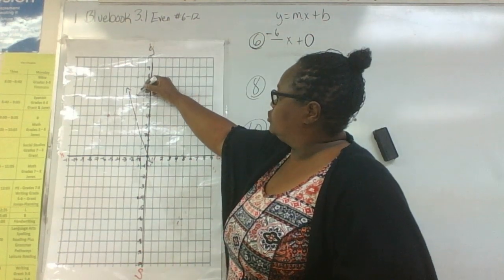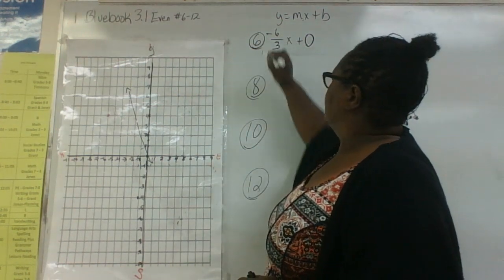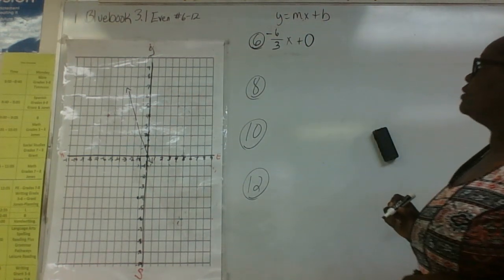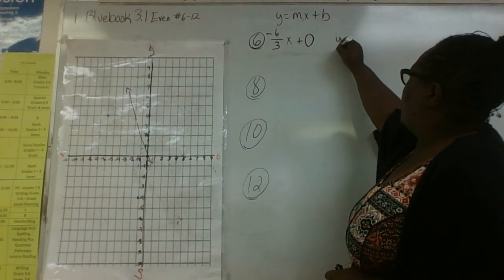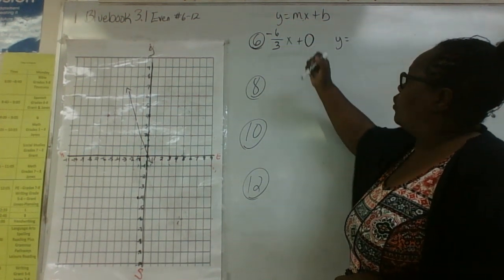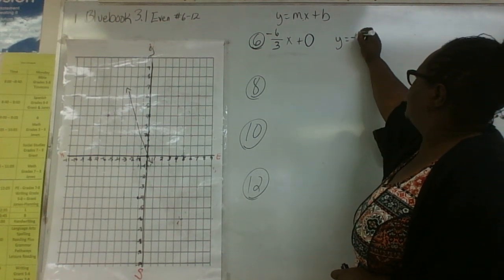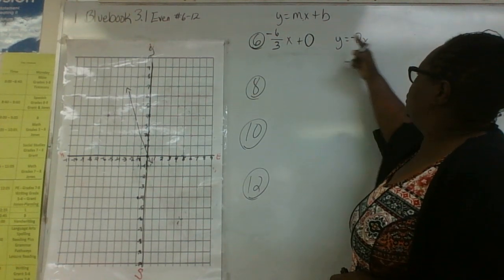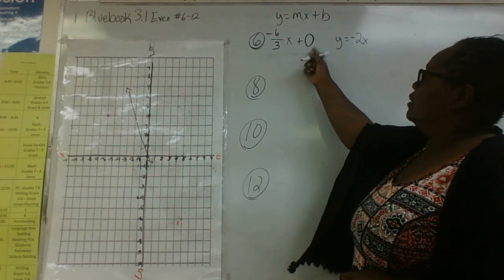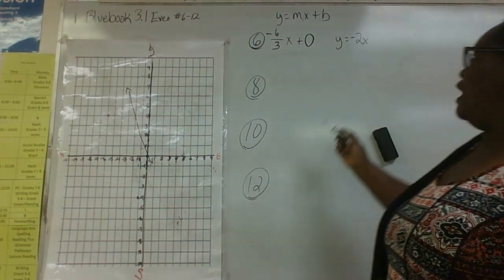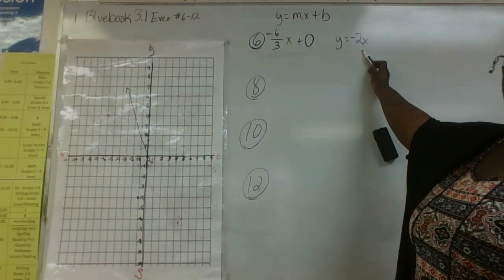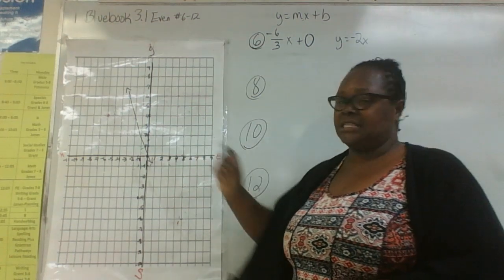We ran 1, 2, 3, so 6 over -3. Now let's simplify. Our y is equal to -6 over 3, which simplifies to -2x, and we do not have a b, we have a 0. So that is our equation for this line.